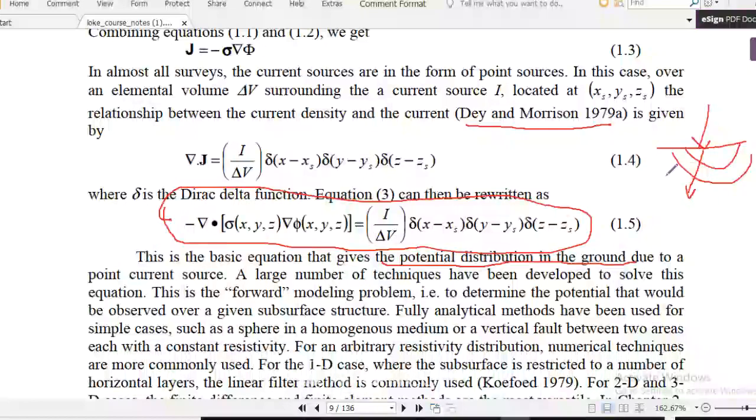So how can we calculate this potential distribution? This is given by Day and Morrison. The divergence of the current density is given by 1 over delta V, current over the volume of the potential, or the given volume.